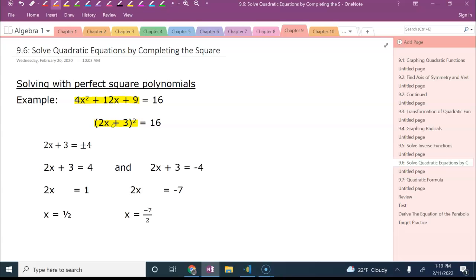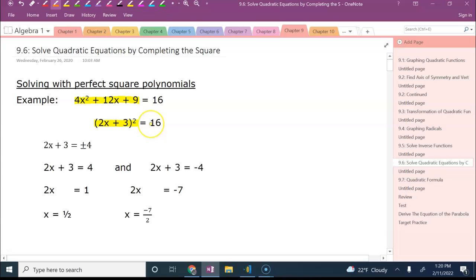We're able to rewrite that left-hand side by square rooting the first term, 4x squared, into 2x, and square rooting the 9 into 3. Because then if we multiply those terms together and double it, you get that middle term. That's one of those special factoring problems that we talked about back in Chapter 8.